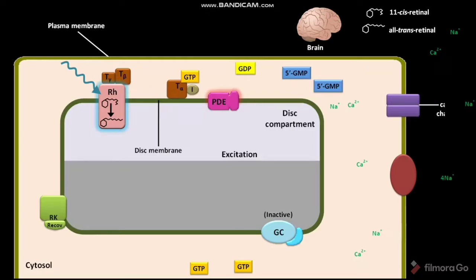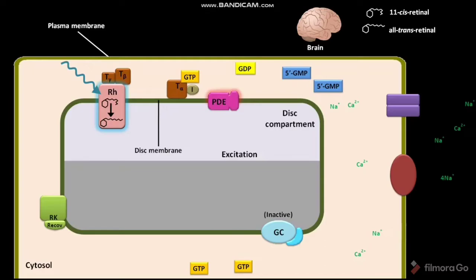Due to the closure of cation channels, the influx of sodium ions and calcium ions is prevented. This means the sodium ions and calcium ions cannot enter the cytosol of the rod cell through closed cation channels.